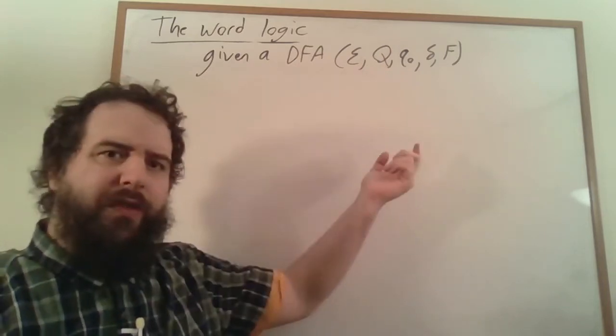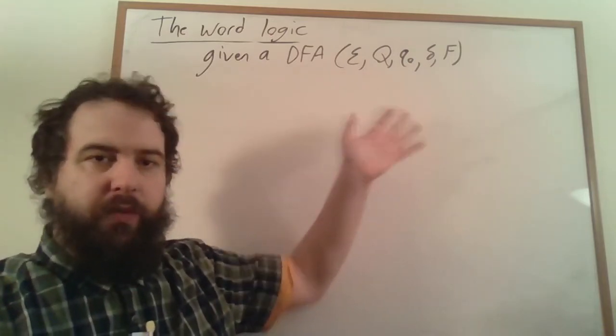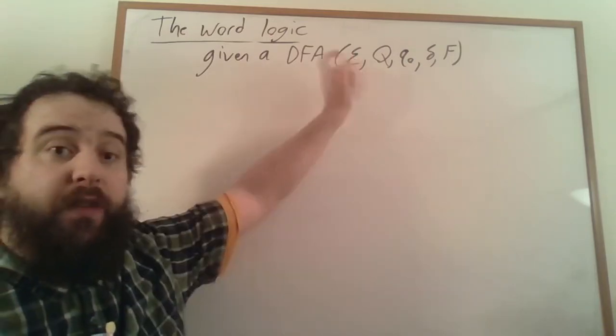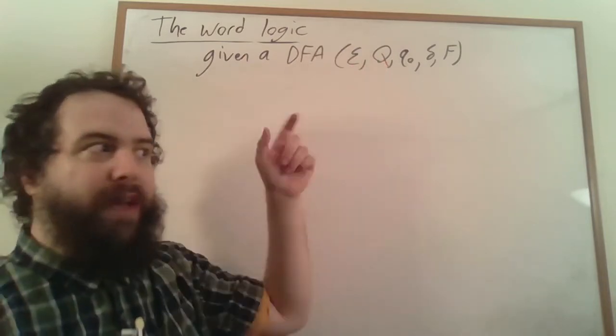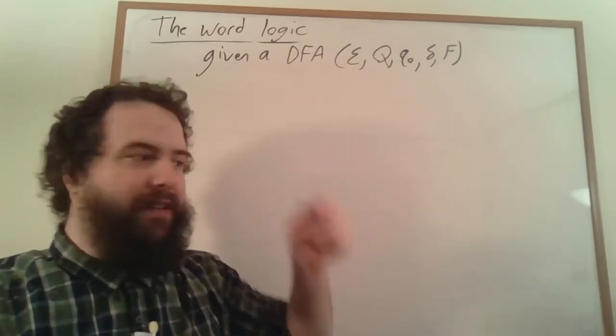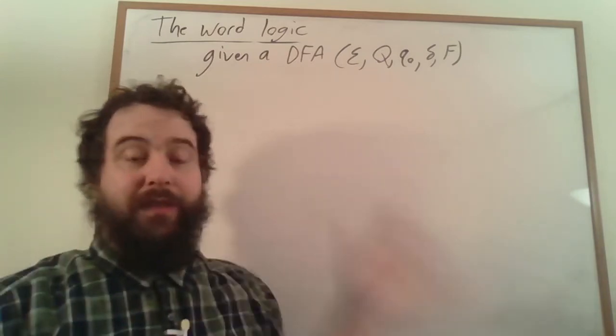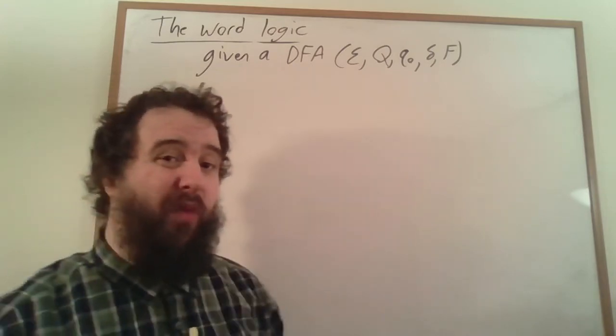If there were just two states, we could have our two letters A and B, which we're allowed to talk about in our logic because we're doing the word logic over sigma. If there's only two states, we could just say A is one of the states and B is the other state, and our sequence of A's and B's is going to encode our run. The problem is Q is probably going to consist of more than two states.